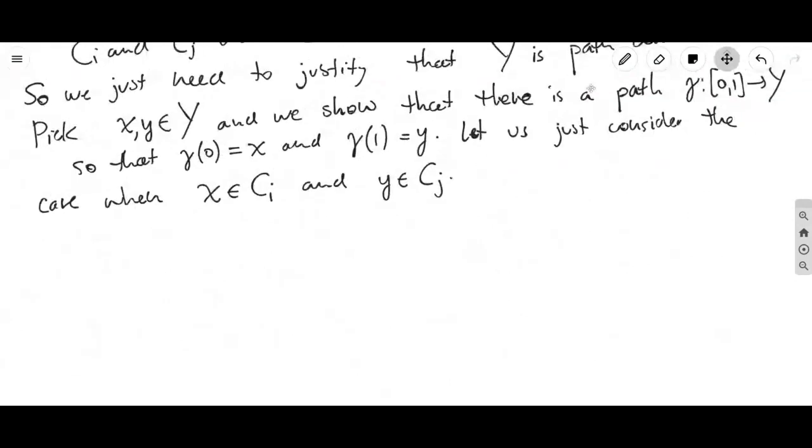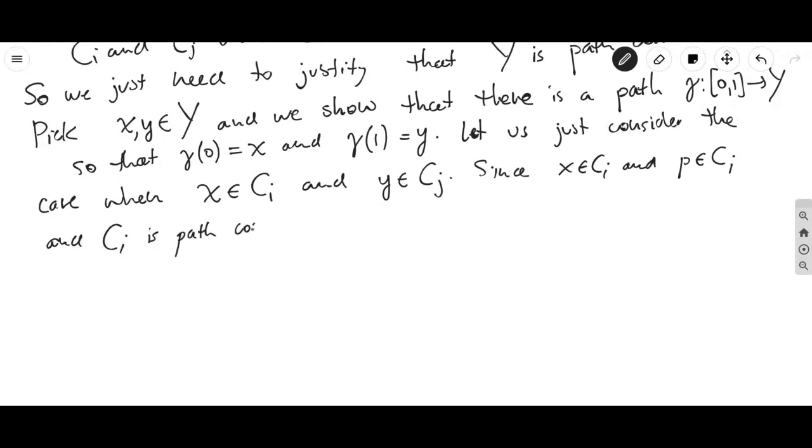That's the basic idea. So since X is in Ci and P is in Ci, this is where we're assuming that those 2 components, Ci and Cj, have a common point, P, and Ci is path connected. There is a path, let's call it gamma 1.